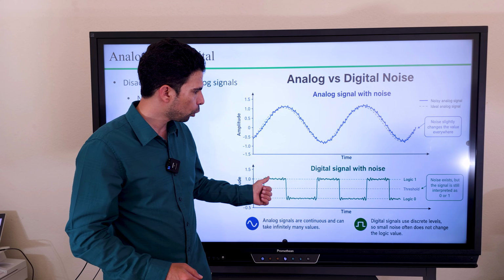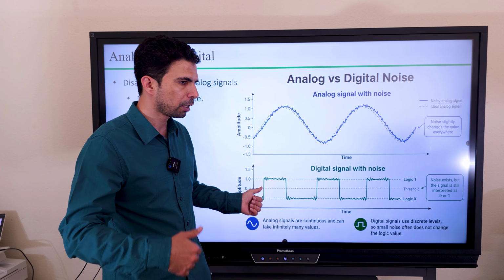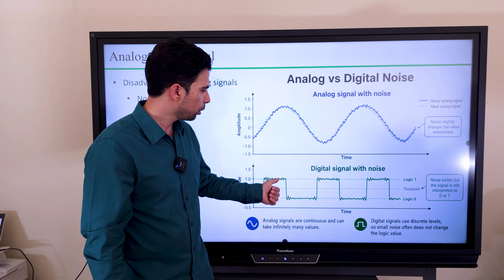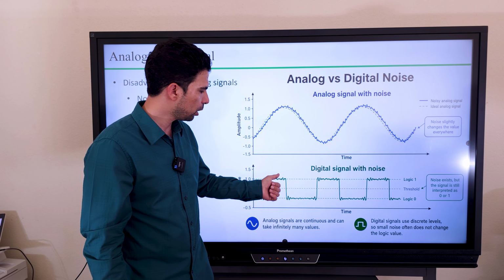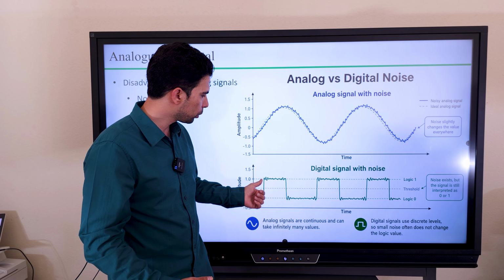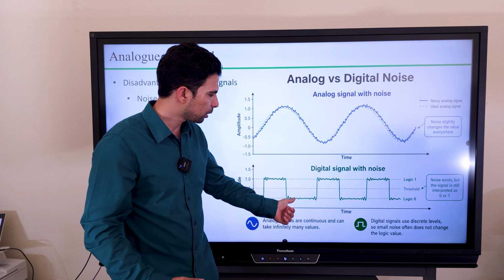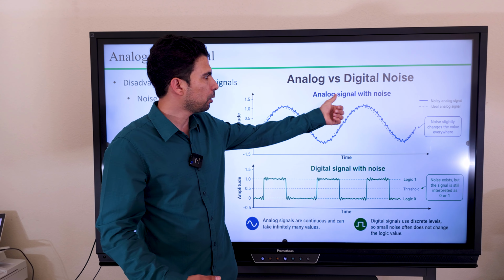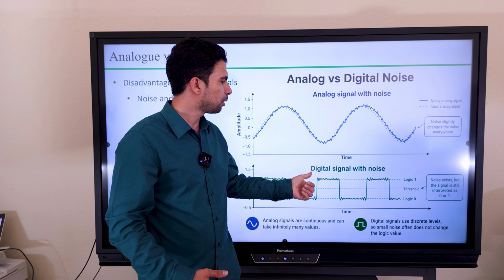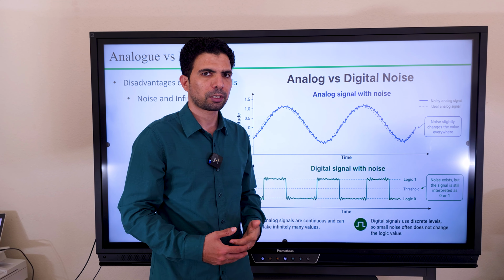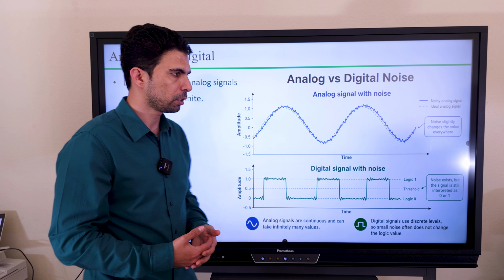Here I am drawing the logic, not the real hardware values. So even if you have some noise here, this is not going to affect the 1 value because it is still 1. And the same applies for the 0. So this is a disadvantage for the analog signal, and an advantage for the digital signal, because it is not easy for the digital signal to be affected by noise.